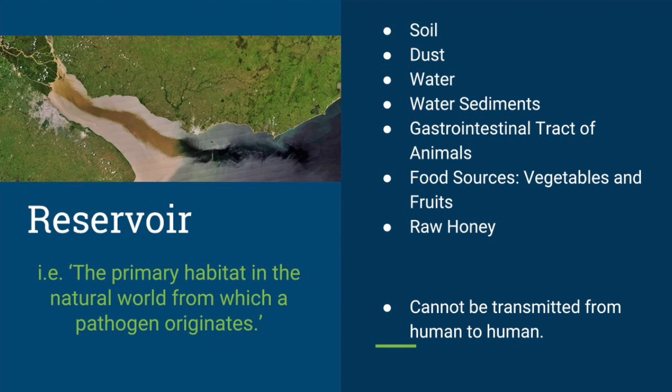The bacterium can easily populate food sources, such as vegetables and fruits. When humans process those vegetables or fruits which have been populated by Clostridium botulinum, they can create the anaerobic environment needed for sporulation and toxin release.